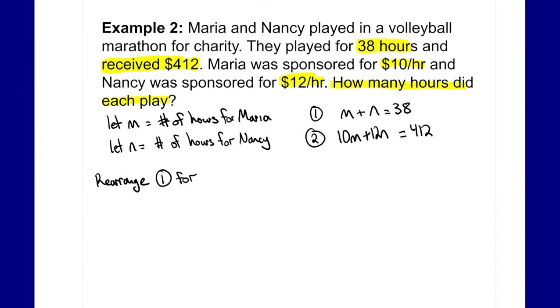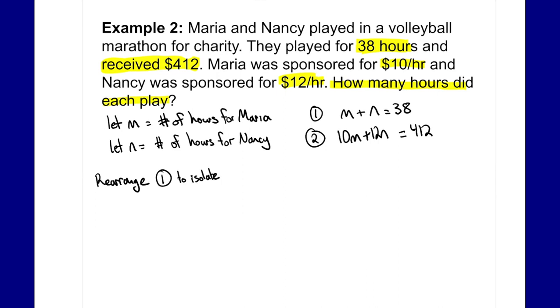And again, the reason we're doing that is because if we look at the variables m and n, there's no values in front of them in that first equation. Because there's no values in front of either m or n, we can choose whichever one we want, right? You can rearrange for m or for n. It's up to you.